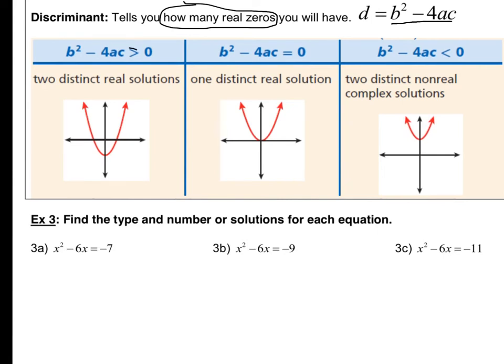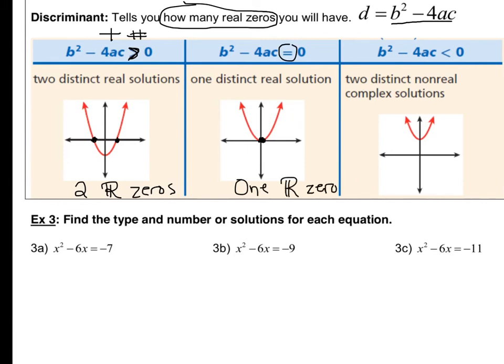If that is greater than 0, in other words, if we get a positive number, it means we're going to have 2 real solutions. So you'll be able to abbreviate your answer. You could say 2 real zeros. If your discriminant equals 0, if you actually get 0, it means that you have 1 real zero.